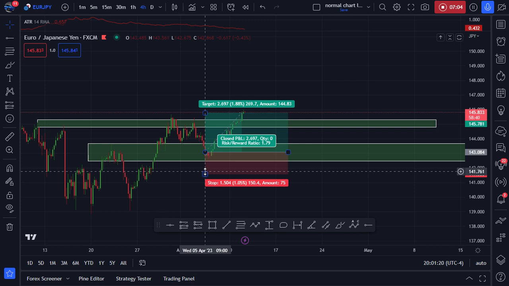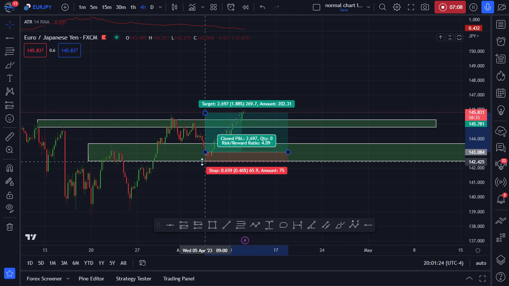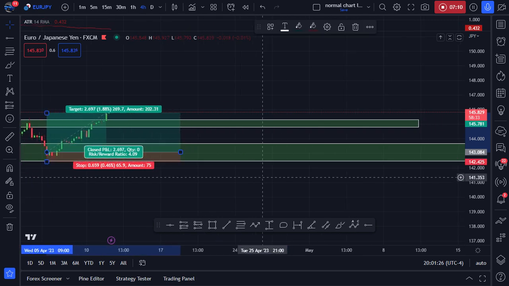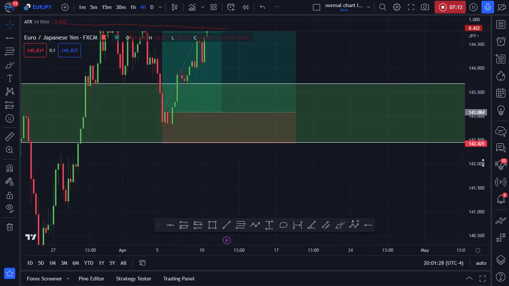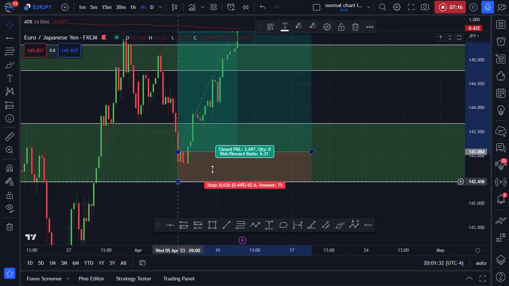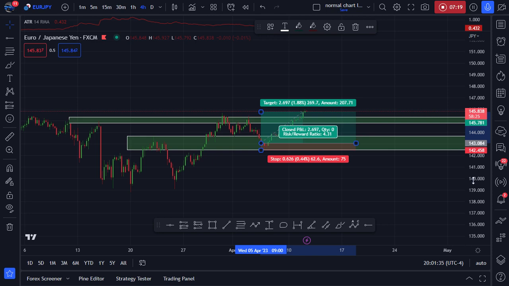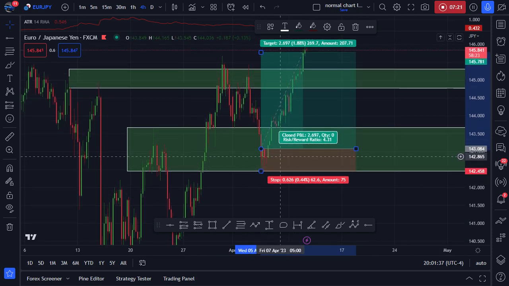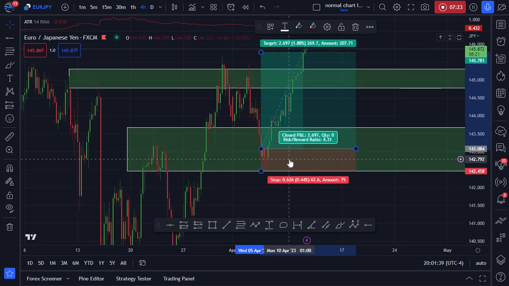Most people, when they take a trade, put their stop loss right here. I would recommend you guys not to do this. Let's say you're risking 1%, this can get hit easily. Right now it didn't get hit because it reversed.